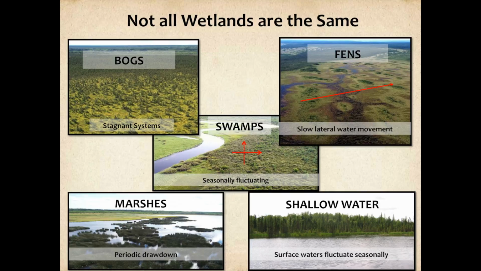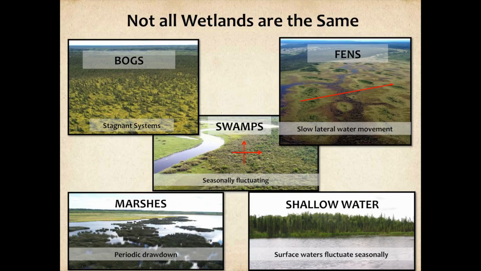Fens are also very deep organic wetlands like bogs, but they are much more nutrient rich, more diverse in vegetation, and if we're talking about road developments, they move water, a lot of water, very slowly and laterally across the landscape.